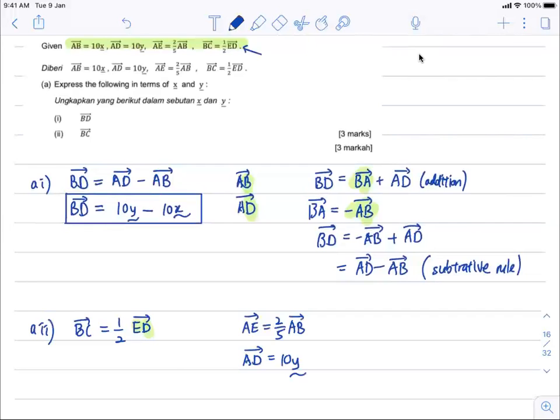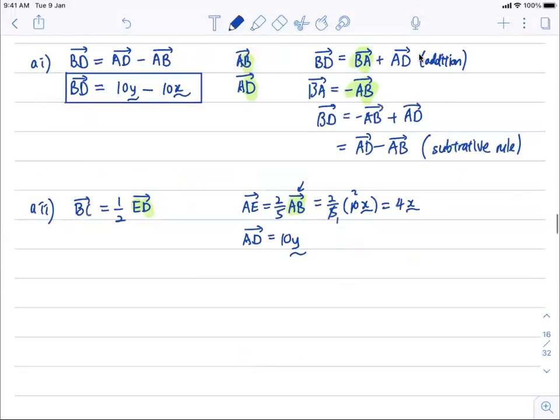For AE, we need to substitute in the value for AB. So AB is equal to 10x, so AE is equal to 2/5 of 10x, which is equal to 4x.